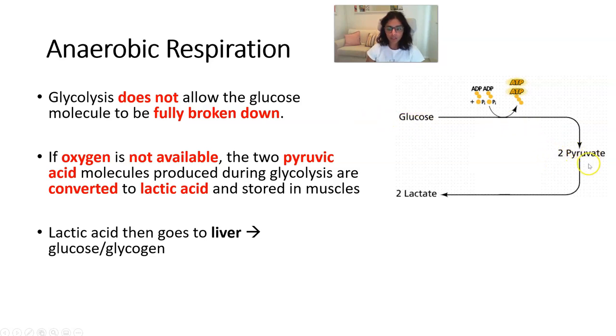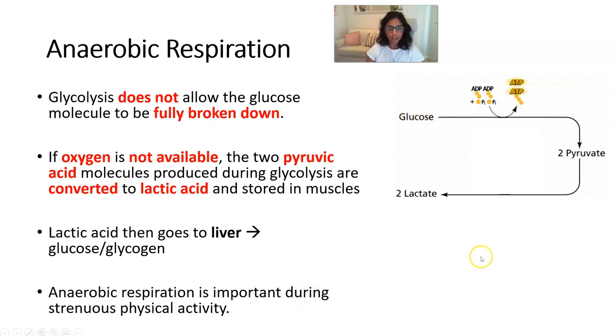In the absence of oxygen, nothing can be broken down further, so pyruvate is converted to lactate or lactic acid, and your liver will convert that lactate or lactic acid back into glucose, and it will store it until it can break it down later. Now, this lactate or lactic acid molecule is really important to you during strenuous physical activities such as sprinting, which is an anaerobic activity. You're not using very much oxygen during that process.